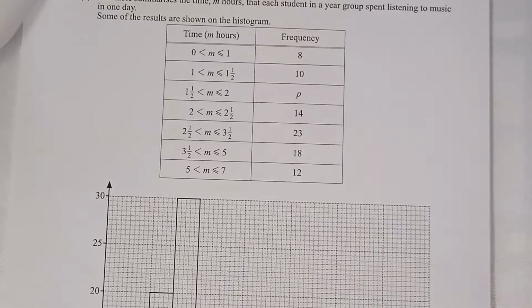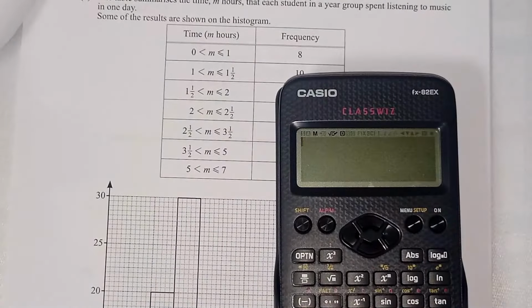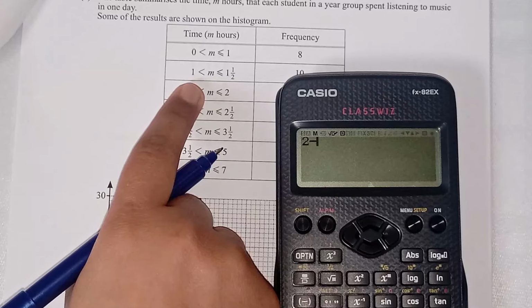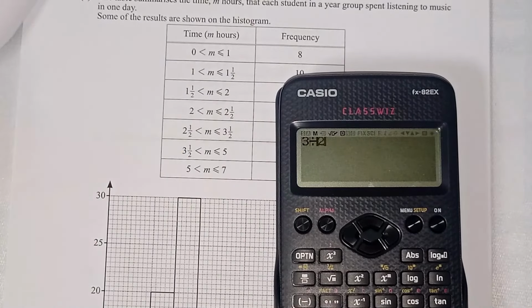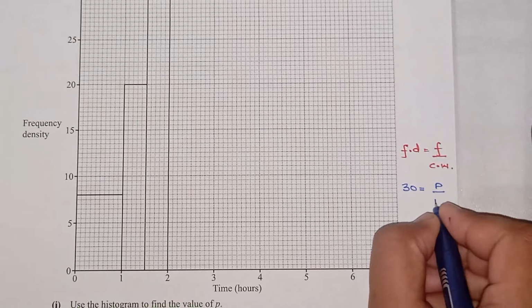Now we need to calculate the class width, the difference. We have 2 subtract 1 1/2. 2 times 1 is 2 plus 1 is 3, so 3 divided by 2, and 2 subtract 3 by 2 is 1/2. So the class width is 1/2.